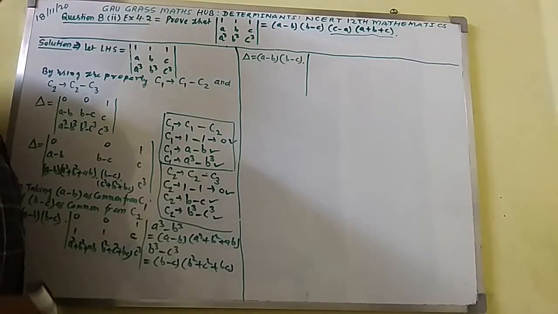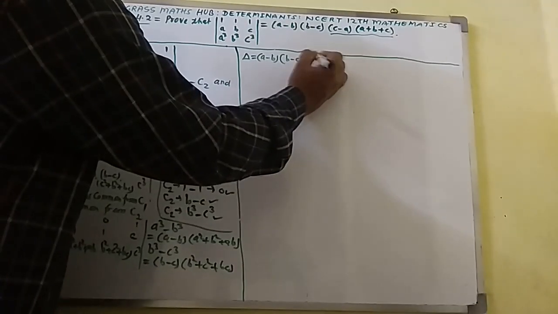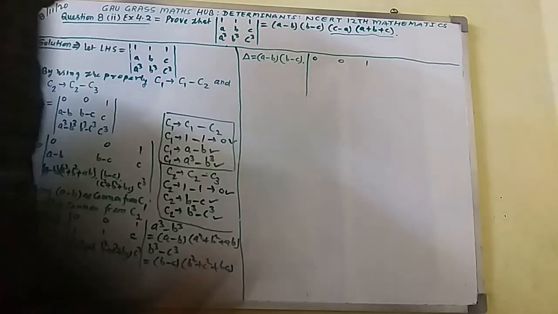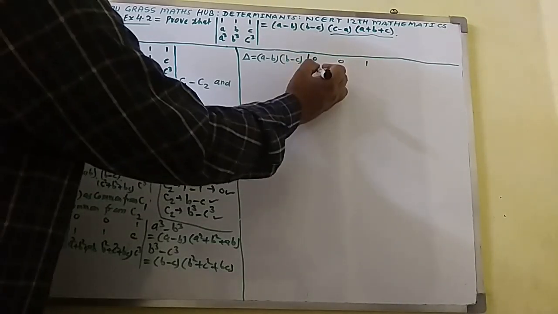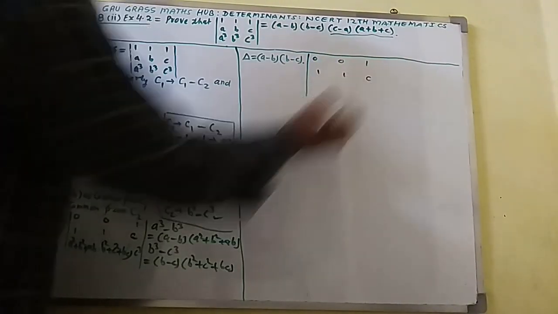The elements of first row I shall write: 0, 0, 1. The elements of second row I shall write: 1, 1, c.